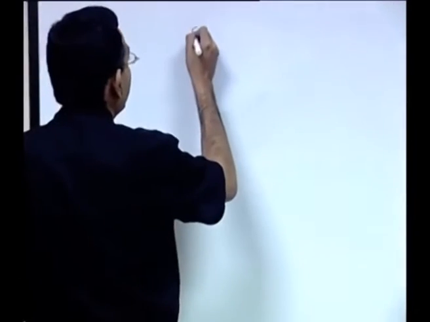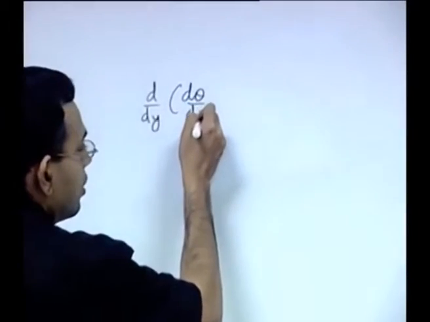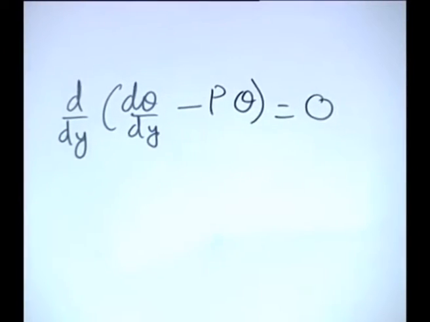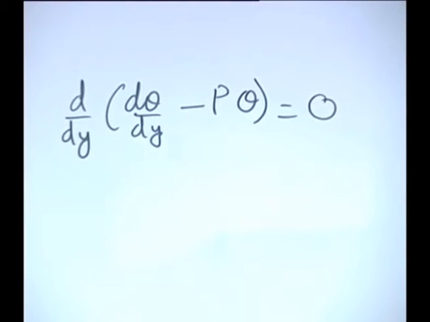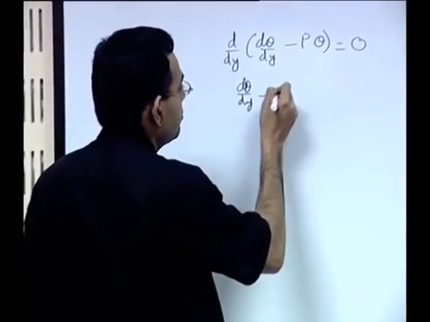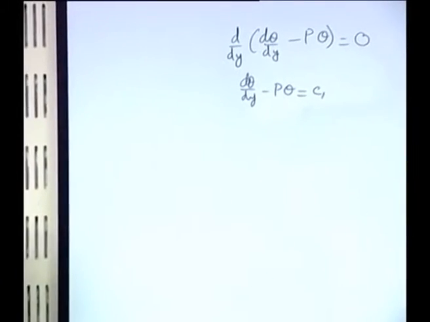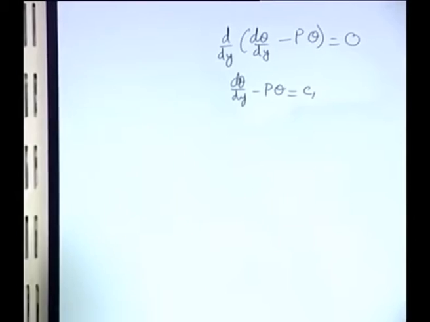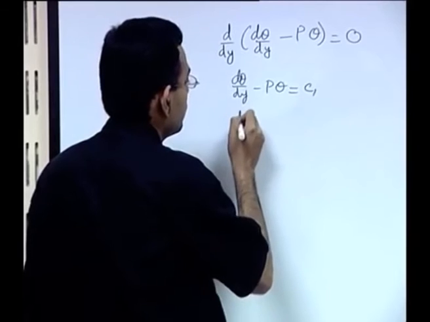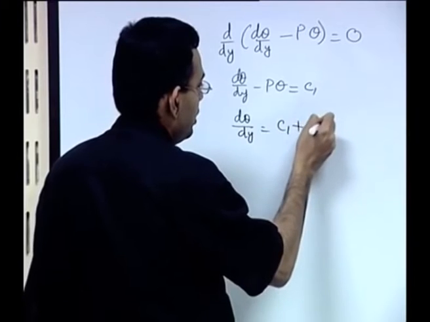So, you have d/dy of (d theta/dy minus P theta) is equal to 0, from which we get d theta/dy minus P theta is equal to C1. So, d theta/dy is equal to C1 plus P theta.